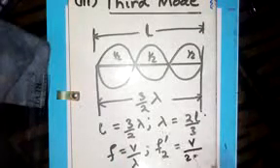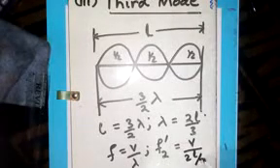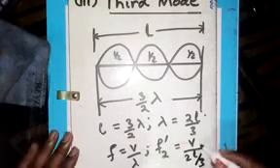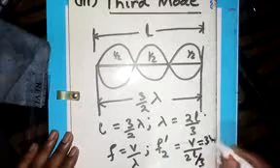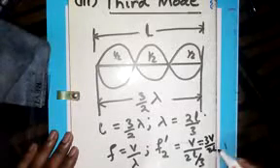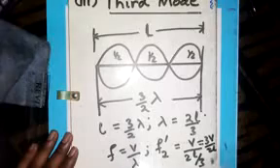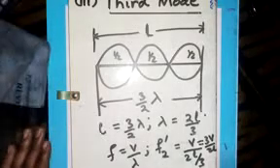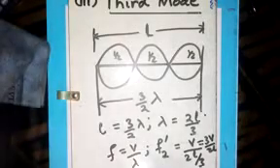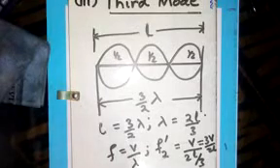Lambda is 2L/3. Therefore, this is the same as saying 3v/2L. Therefore, the second overtone is given by 3v/2L.